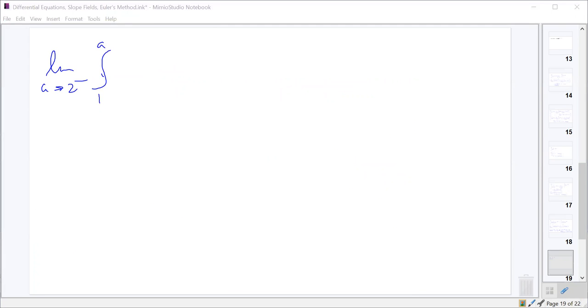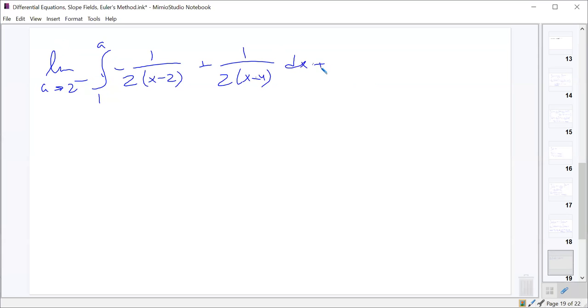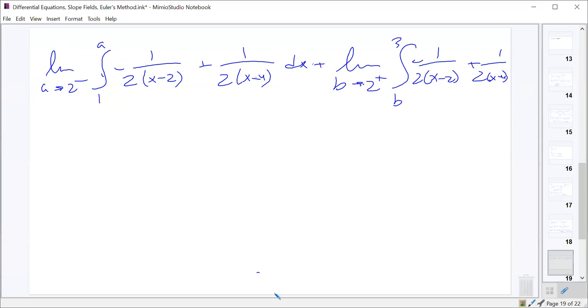It is negative 1/2, so negative 1/2 times 1 over x minus 2, plus 1/2 times 1 over x minus 4, dx. Plus the limit as b approaches 2 from the right of the integral from b to 3 of that same thing. And there's a dx at the end. Okay, good? Everybody good?